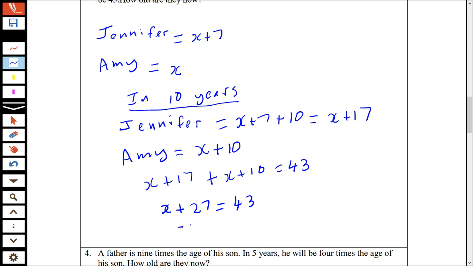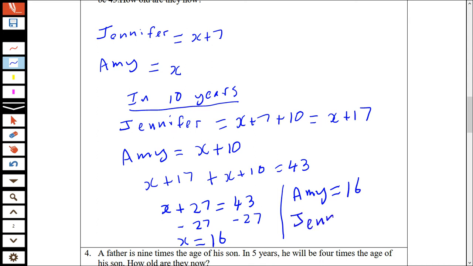Take 27 from both sides, and you're going to get 16. So X equals 16. So that means Amy equals 16, and Jennifer equals 34.